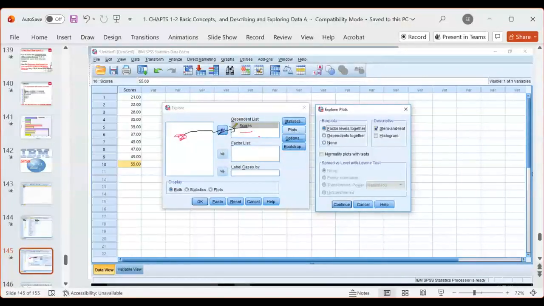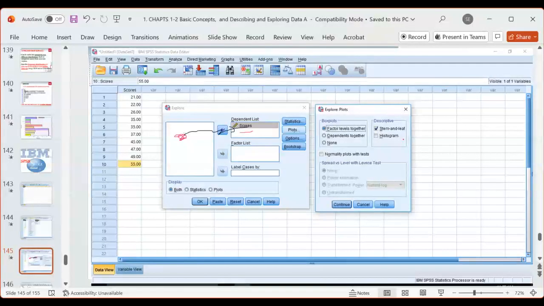You can just play with it, and you get used to it. So one way or another, you just highlight it or drag and paste it and put it where it says dependent list. And then what do we want to do? Click on plot. When you click on plot, that window will open.